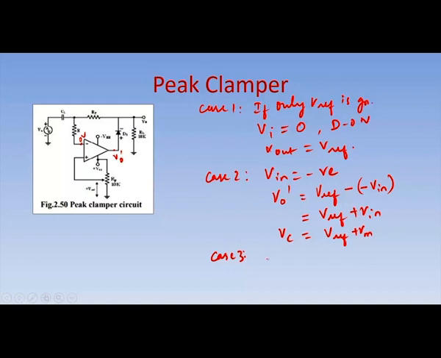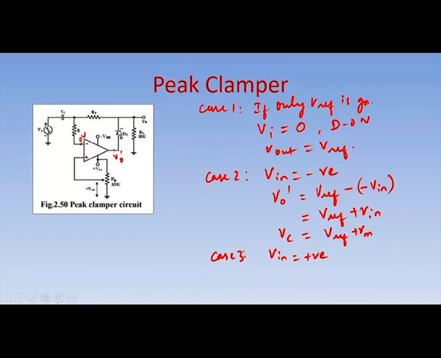And in case 3, Vin is positive. If the voltage which is given to the negative terminal is positive, then you will be getting a negative voltage here at the output, and this diode will not conduct.